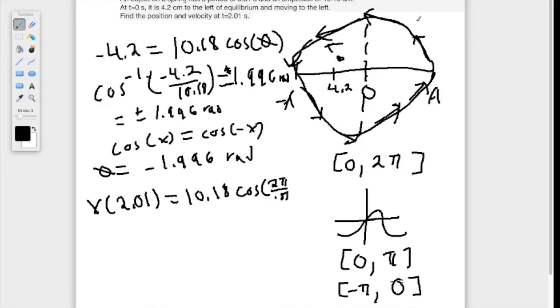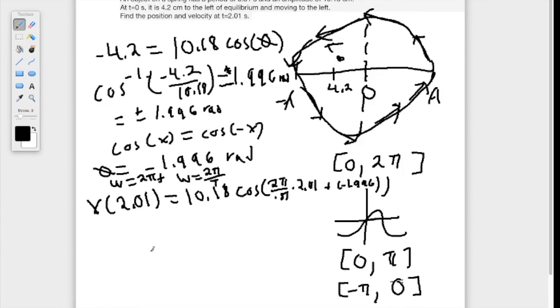Because omega equals 2 pi f, but since frequency and period are reciprocals, omega equals 2 pi over T. And then times 2.01, and then plus negative 1.996.